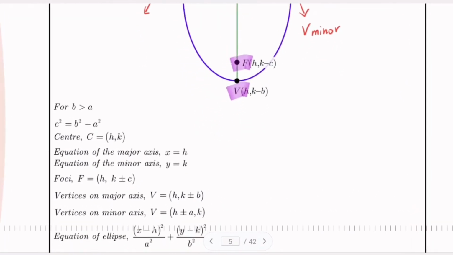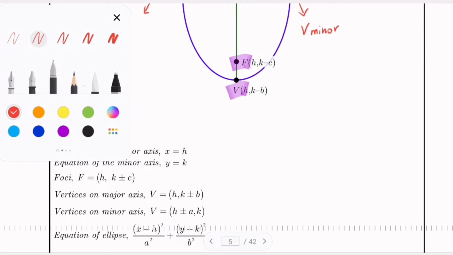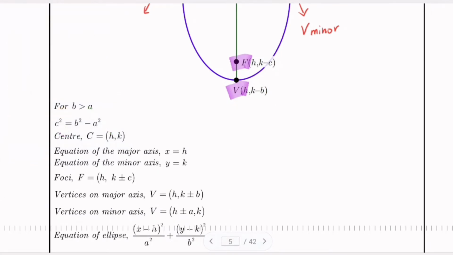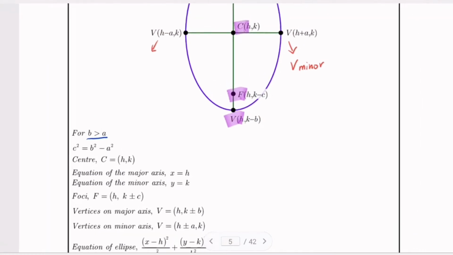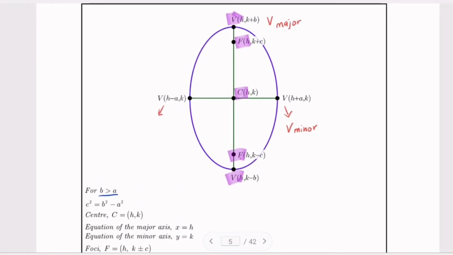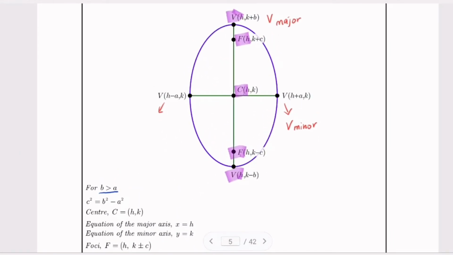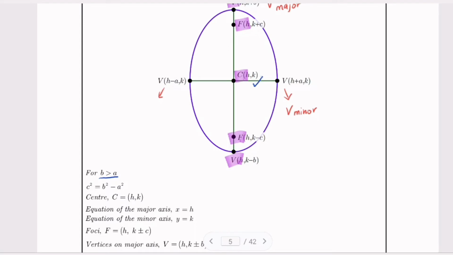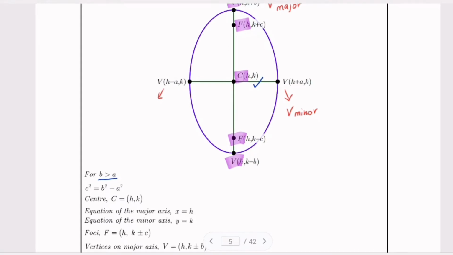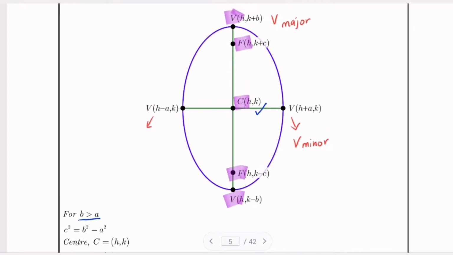For B greater than A, the formula to find C is C squared equals B squared minus A squared. So let's take a look at the center over here. You have the center (H, K), and we can notice that H will stay the same.